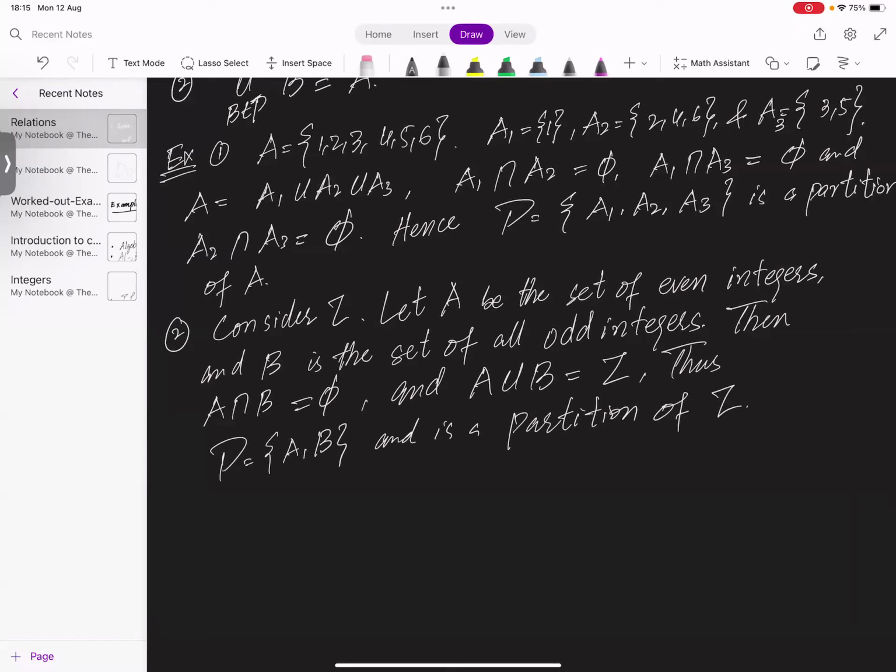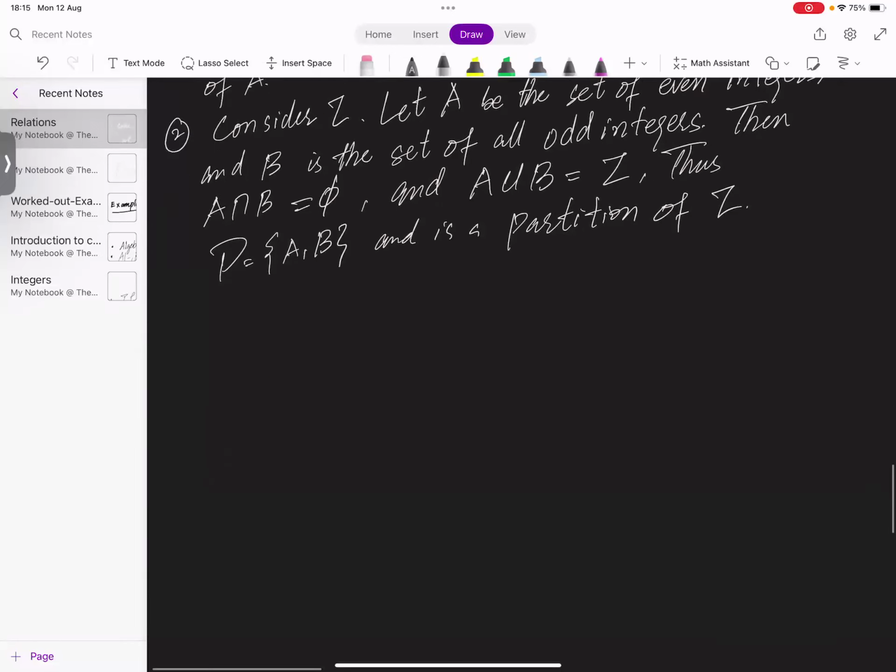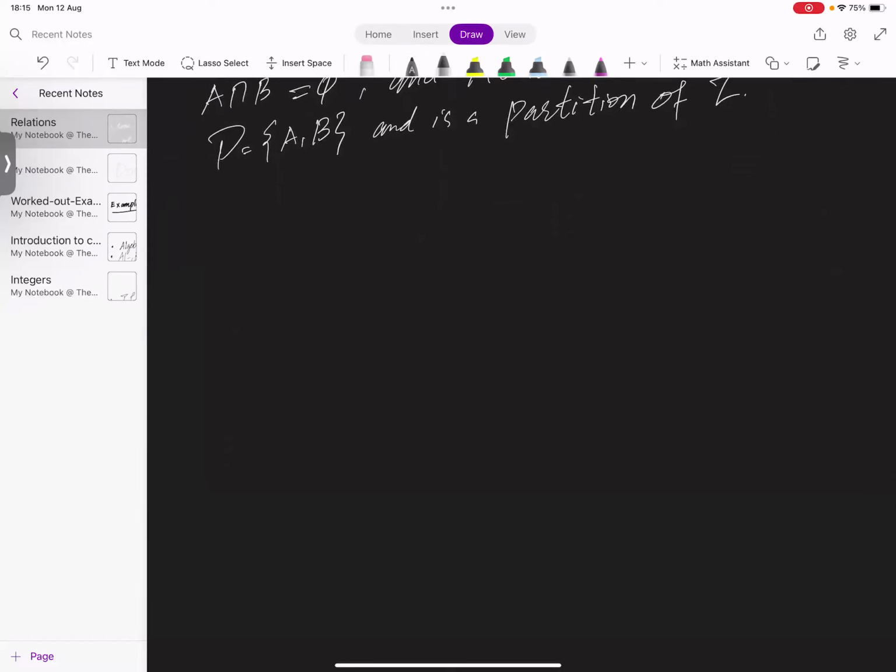Theorem. Now, what is the relation between an equivalence class and a partition? We have a theorem.